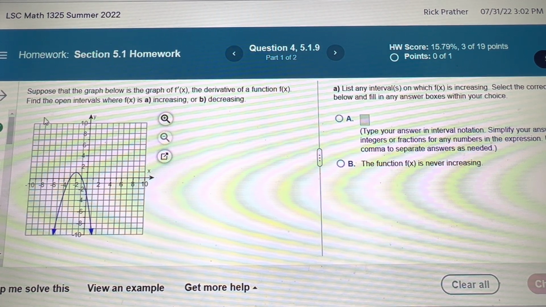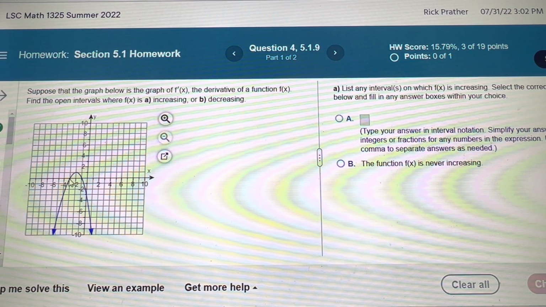The original graph may be up here, and it would be decreasing all the way till you got to an x of negative 3. Whether or not you actually got to the x-axis there or not doesn't matter. So we are decreasing in any of these portions that are below the x-axis, and then we're increasing any portion that's above the x-axis.